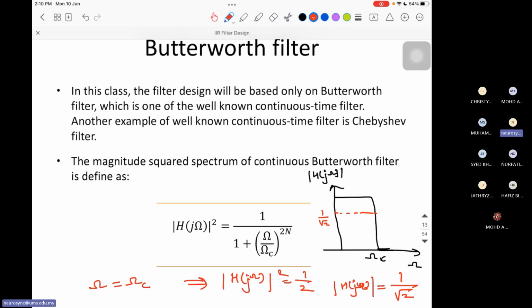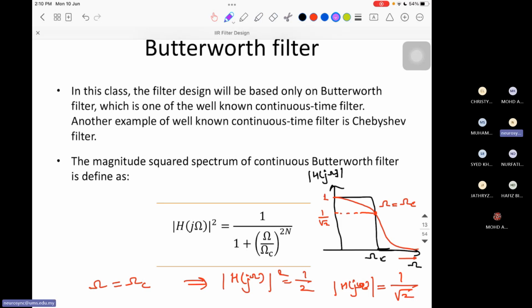This is 1, and the characteristics you will get something like this. This is the point where omega is equal to omega c. This is the omega axis, and the magnitude is varying with respect to omega. At the point omega equal to omega c, the value is always 1 by root 2, irrespective of capital N.